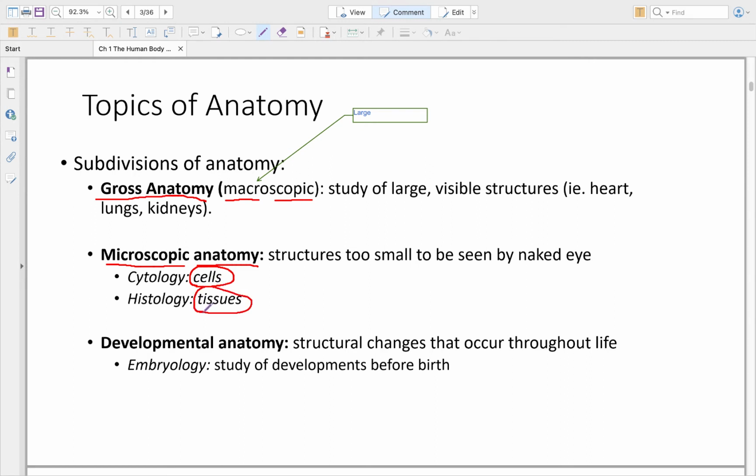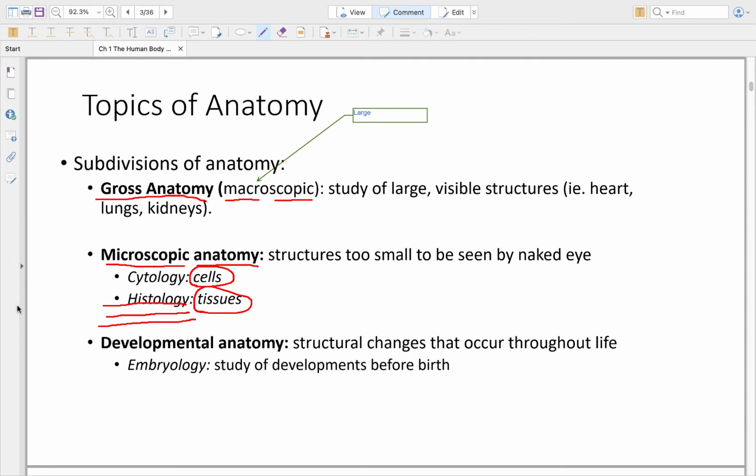And what we're going to do in this class later on is we're going to have an entire section on histology. Tissue and histology is quite significant. It's so important for us to understand the fundamental groundwork of the human body.